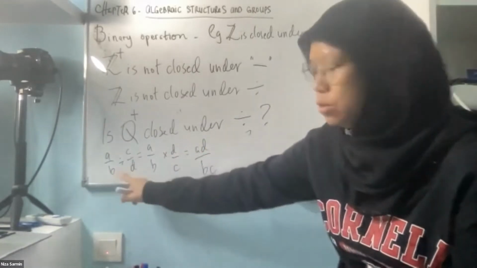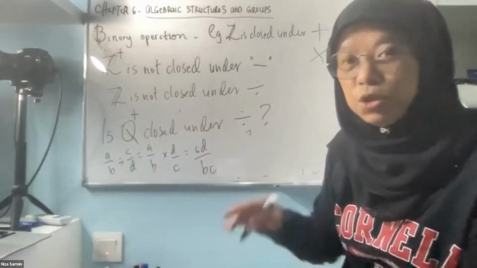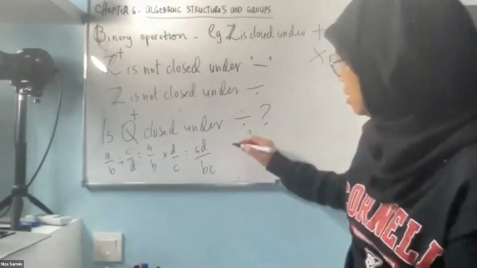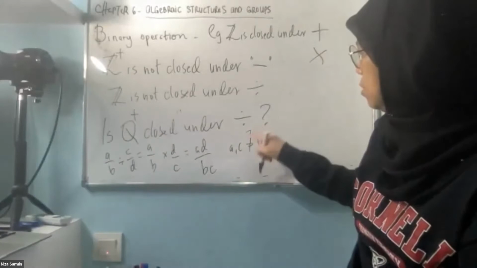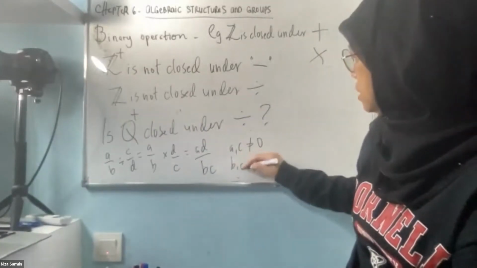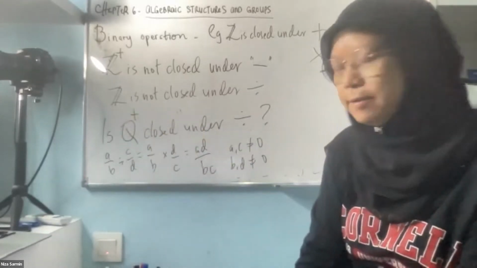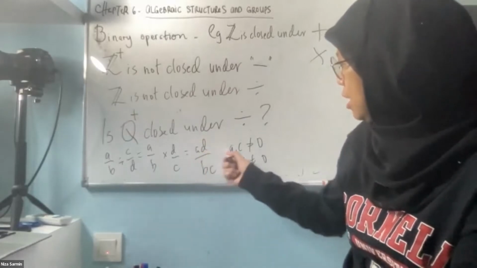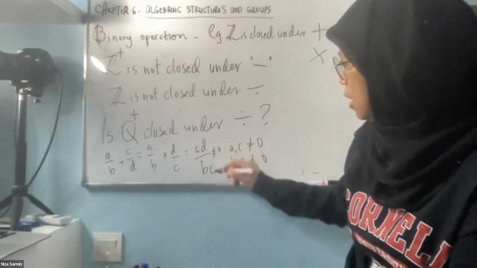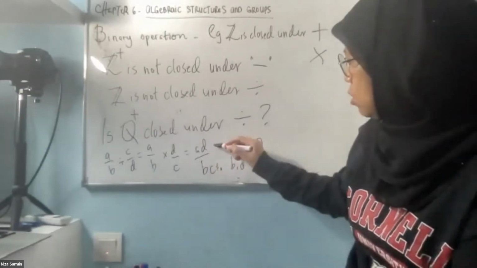B and D cannot be 0 because it's in Q, and this is all positive. So you cannot divide, and A and C cannot be 0, okay? AC cannot be 0 because it's Q positive. BD cannot be 0 because in Q, that is how it is defined, right? So A, C, B, D, they're all not 0. So this is not 0.